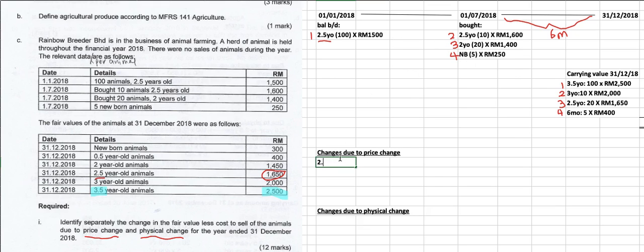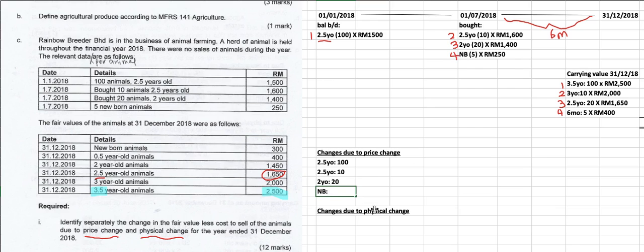The first one is 2.5 years old, you have 100 animals. Then the second group, also 2.5, it doesn't matter, we put that first. This is 10 animals. Then the third group is 2 years old, this is 20 animals. And then the fourth group is the newborn.